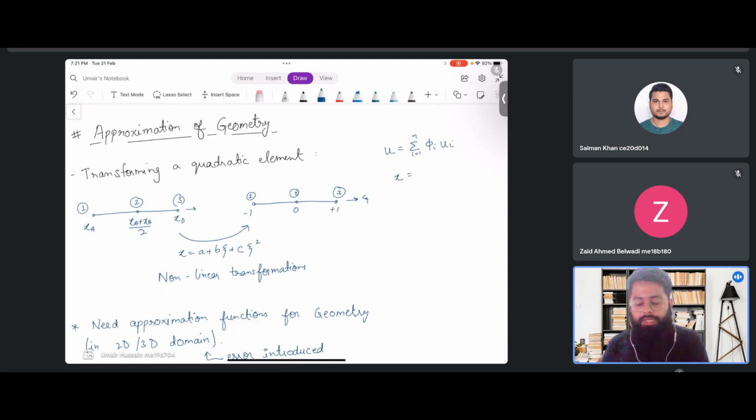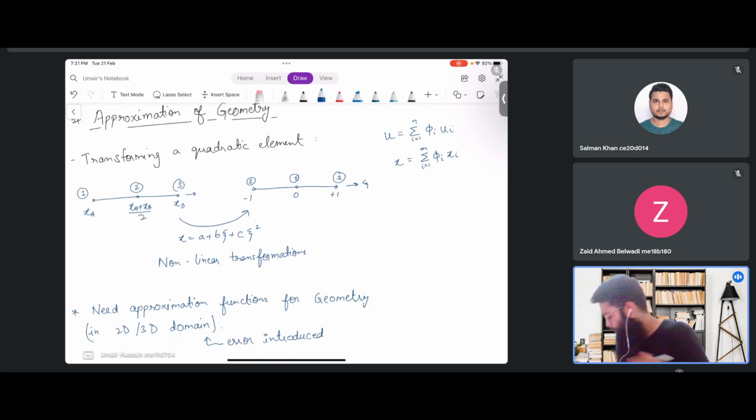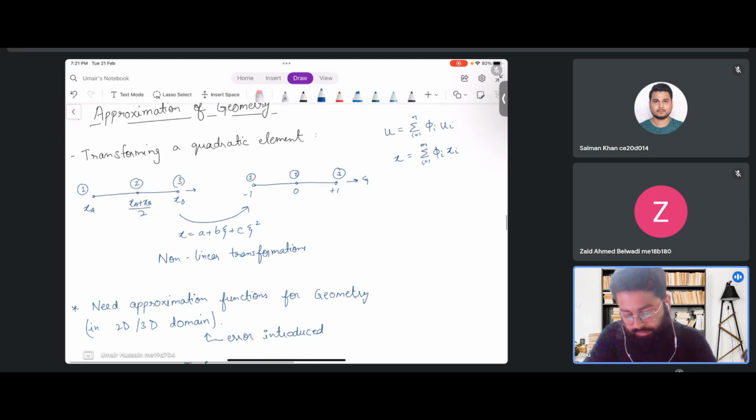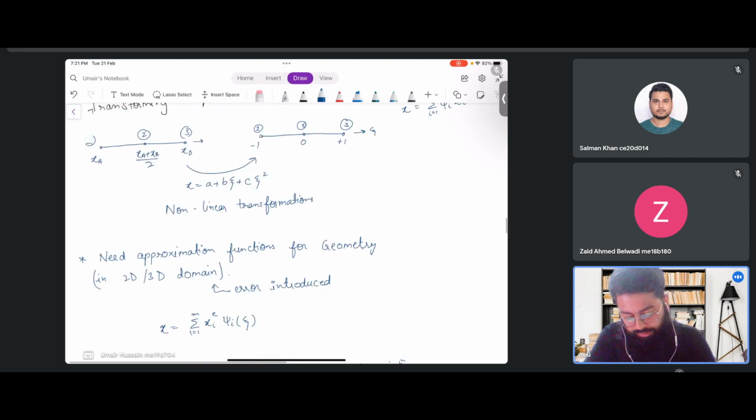Since we are transforming our given domain into its natural coordinate system, we do the same there. This is known as the approximation of geometry.